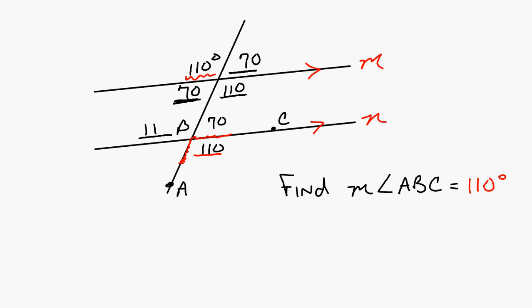That'd be 110 as well, because it is an alternate interior with this 110. And what would this last angle be right here? 70, because it is a vertical angle with 70. Okay?